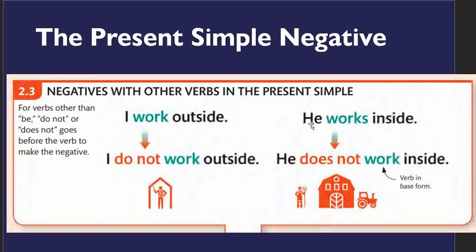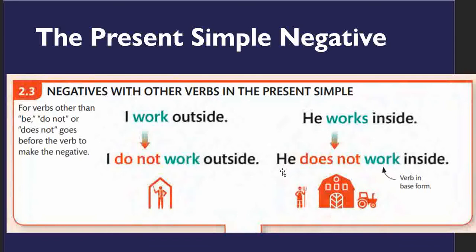But when it is constructed with he works, s is added. Now there's one more pointer over here. When you are changing, remember that between the subject and the verb you add do not, or you may use a contraction, don't.